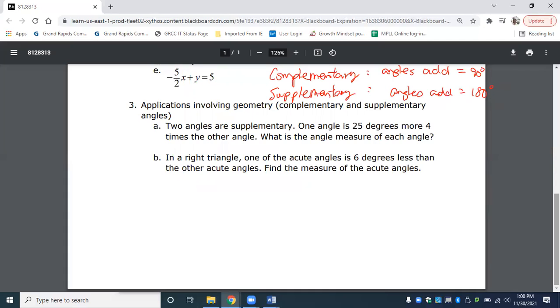Okay, so if you look at the first problem right here, it says there are two angles that are supplementary. So I'm going to call it angle A and angle B. And those are just degrees. They don't call those A and B. And remember, those are just angle measures.